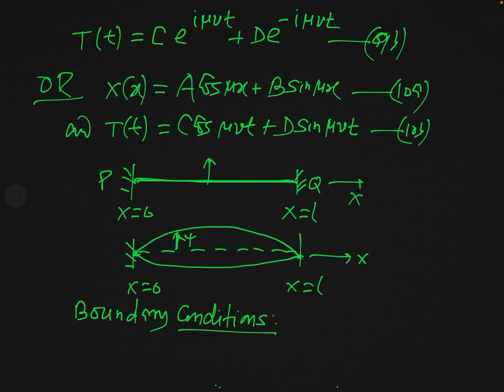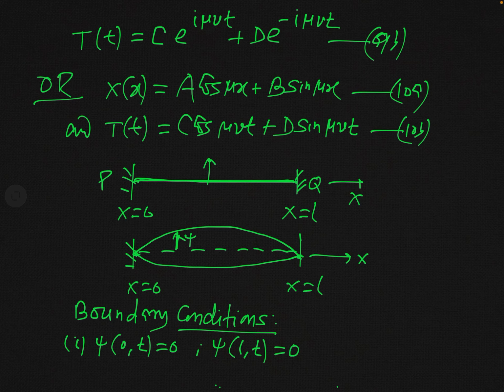So you may write the first boundary condition in this way: the displacement psi at x equal to 0 at all time t is equal to 0. And the other condition will be psi at x equal to L at all time t is always 0.